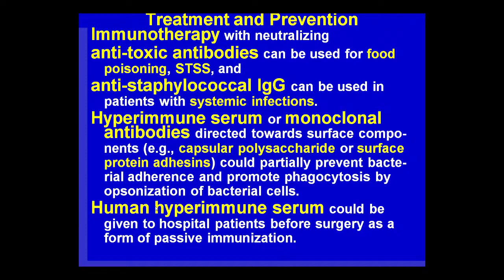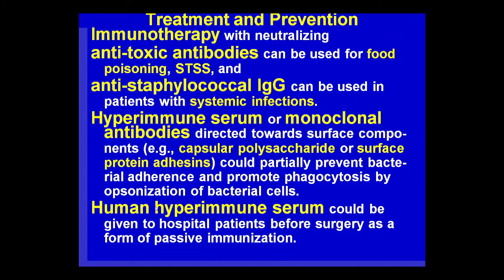The antibodies can be available for enterotoxin that may cause food poisoning, for toxic shock syndrome toxin, but please try to distinguish it. We may have antibodies against the toxins, but we also may use so-called anti-staphylococcal immunoglobulins.